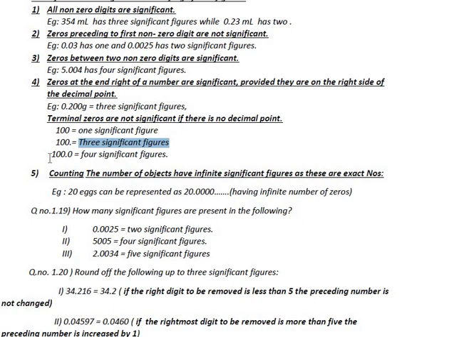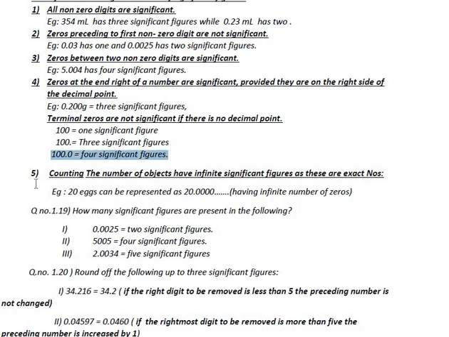Now see the next one, 100.0. It consists of four significant figures. Why does it have four significant figures? Because this zero, which is on the right hand side of the decimal point, will also be considered a significant figure.